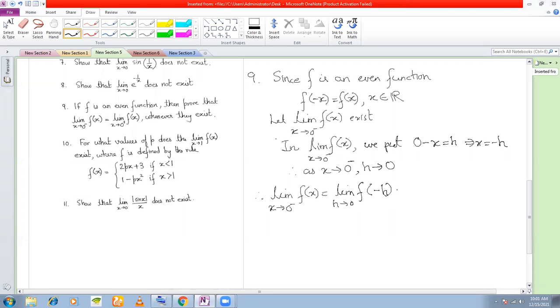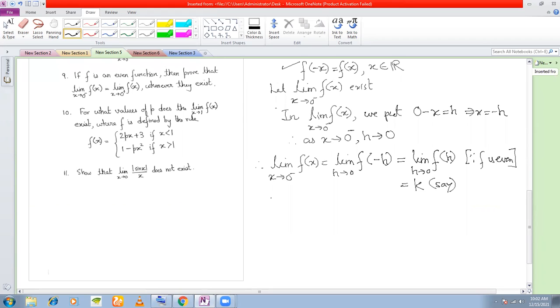Now since f is an even function, what do we know? We know f of minus x is equal to f of x. So we can write this as the limit as h tends to 0, f of minus h can be written as f of h, since f is an even function, right? So since this limit exists, let us say this is equal to k.